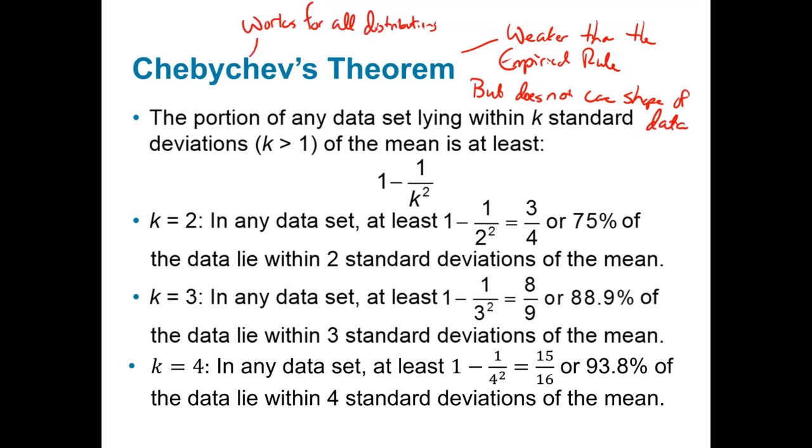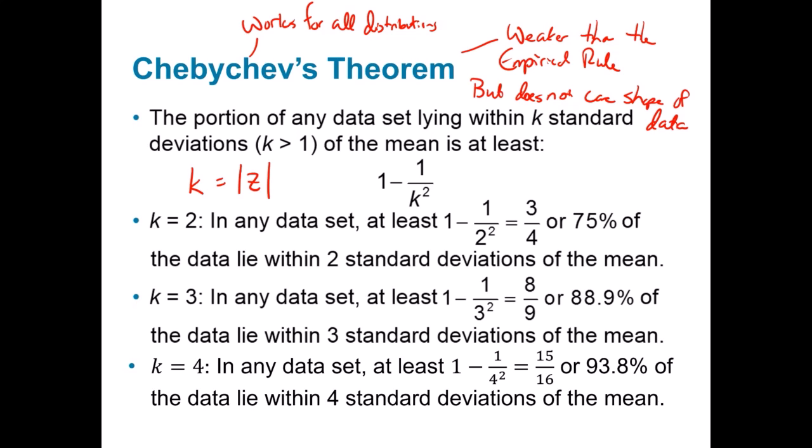Now I worded this the same way as the book worded it. The portion of any data set lying within k standard deviations, where k is greater than 1, of the mean is at least 1 minus 1 over k squared. So what I want you to think about k as, think of k as the z-score without the sign.